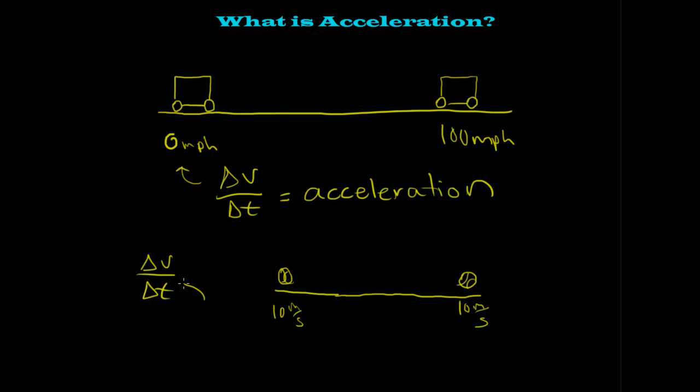If you plug in that change in velocity, the final velocity is 10 meters a second and the initial velocity is 10 meters a second, so your change in velocity is 0 meters a second, and 0 over anything is 0, so there is no acceleration. Acceleration only occurs when there is a change in velocity over a change in time.